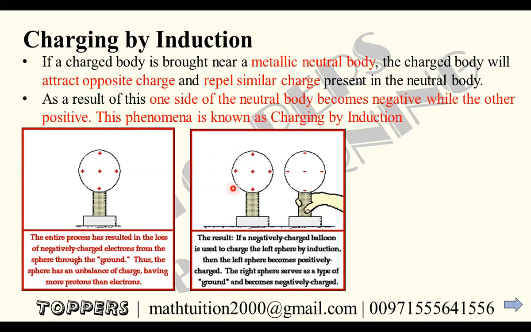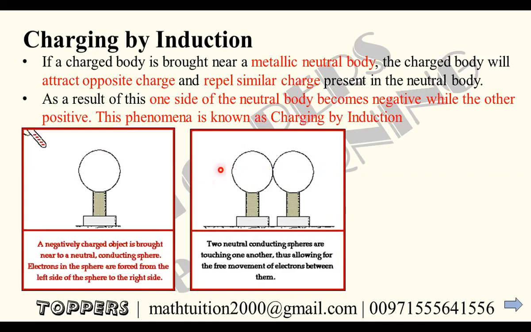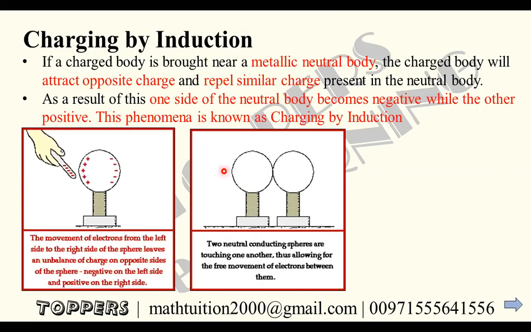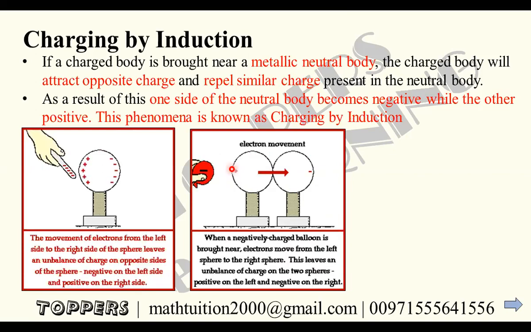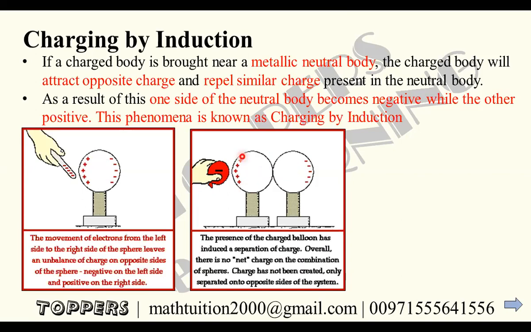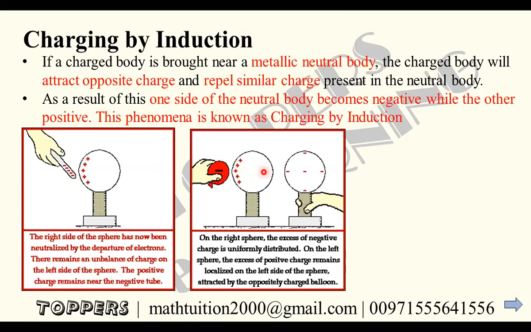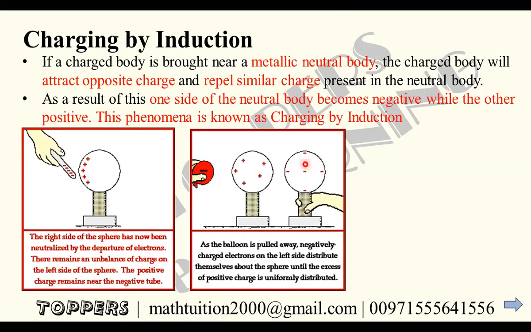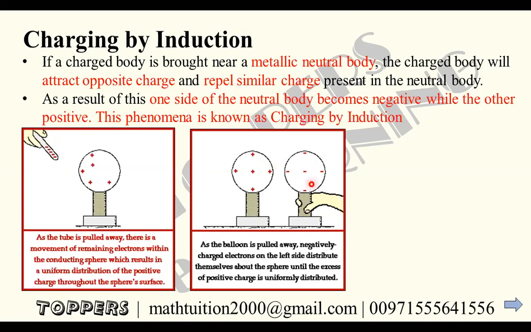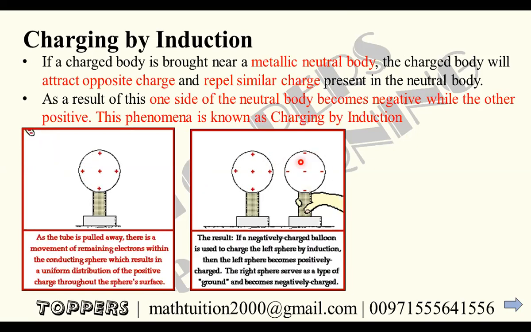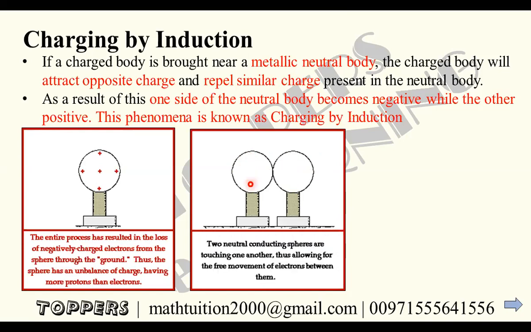The negatively charged body will repel the electrons in this area, and they will move to the maximum distance possible. Both bodies were in contact, right? So this end is becoming negative and this end is becoming positive.